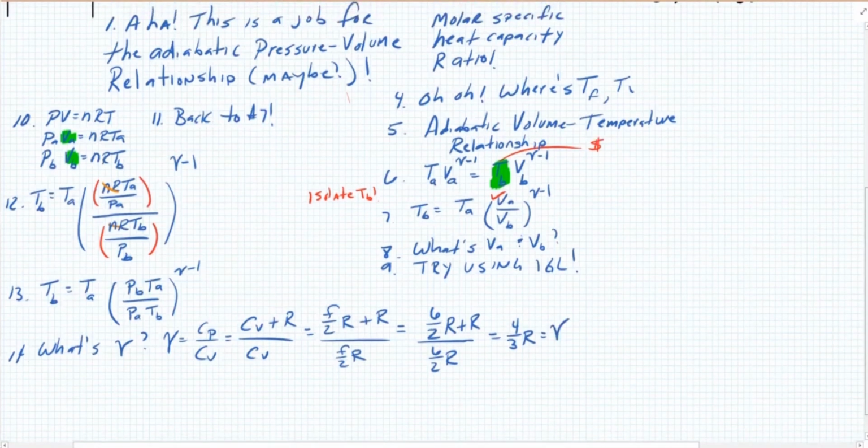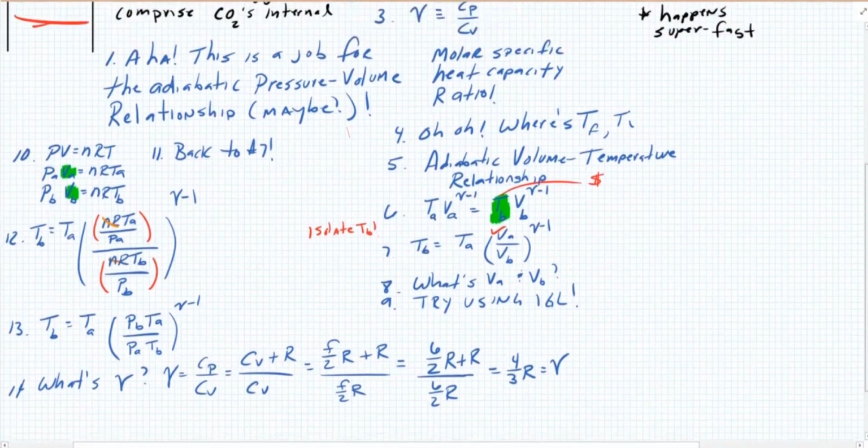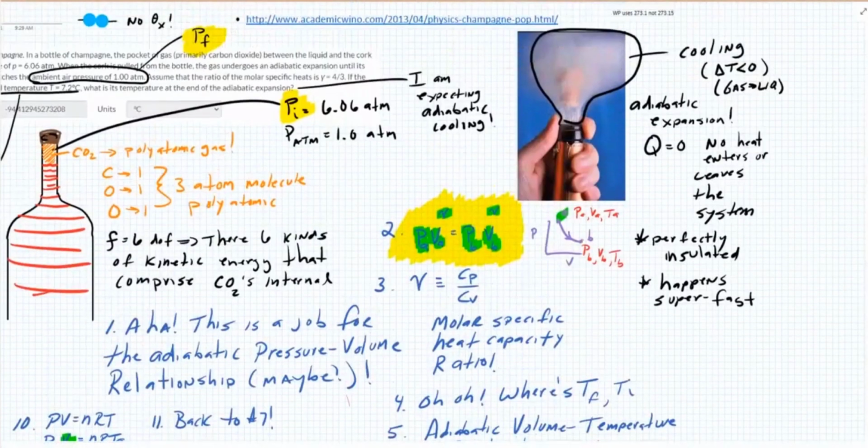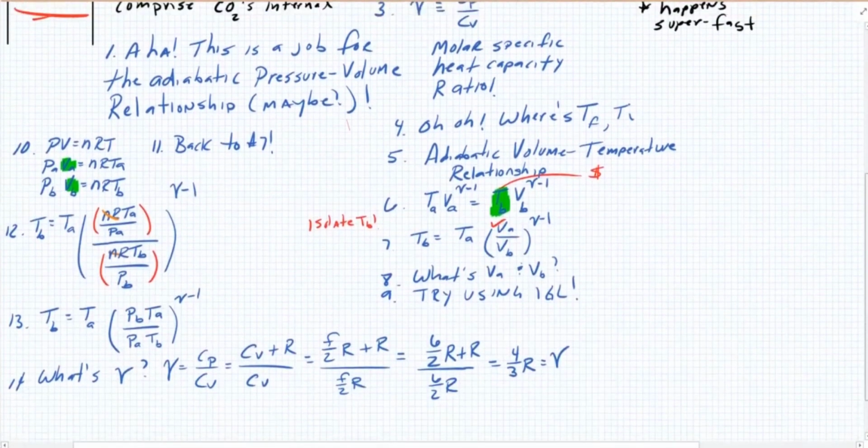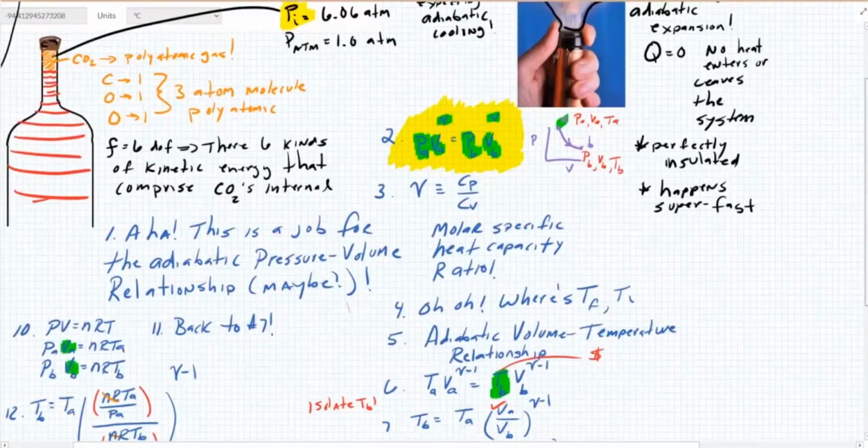For those of you who were paying attention, you might say, Chris, you just wasted 5 minutes of my life because the problem said to assume the ratio of the molar specific heats is 4/3. If I gave you a variation of this problem, I wouldn't tell you that.